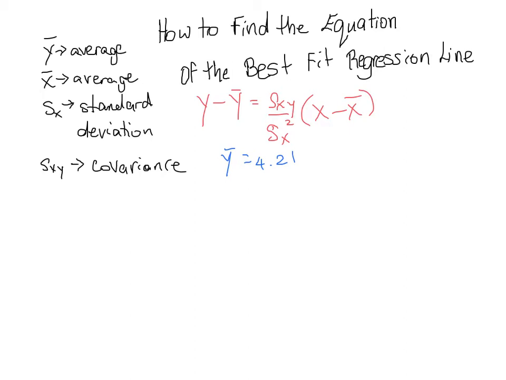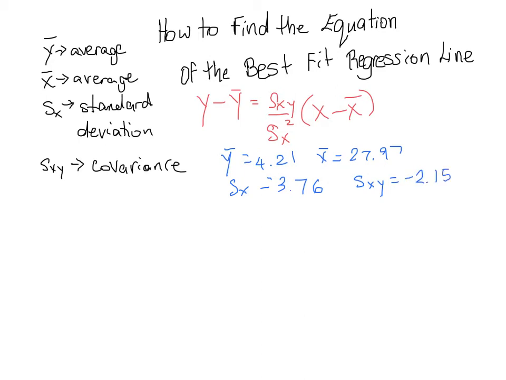The average of x is 27.97, the standard deviation of x is 3.76, and the covariance is negative 2.15.